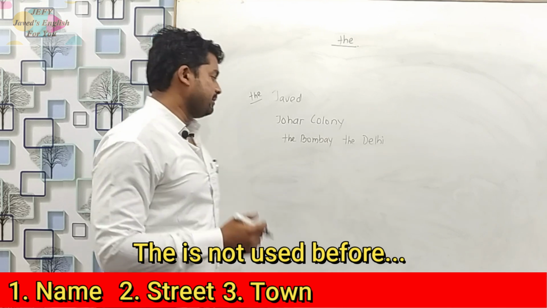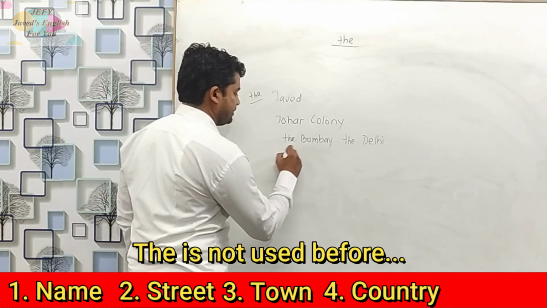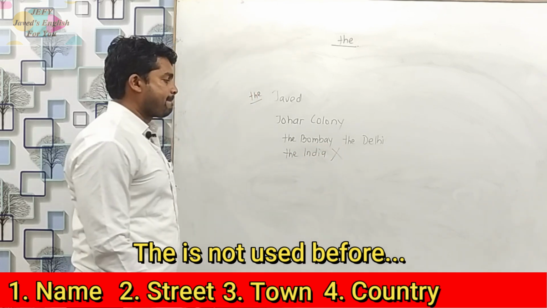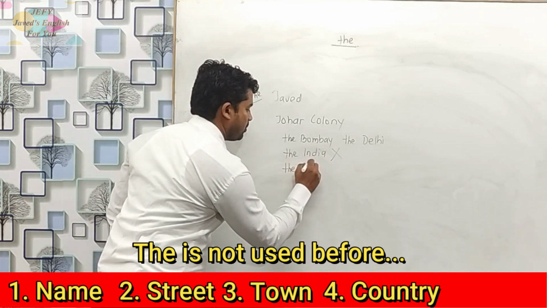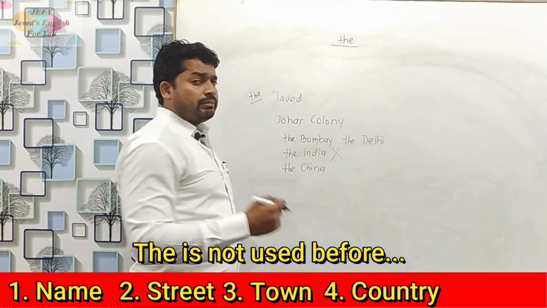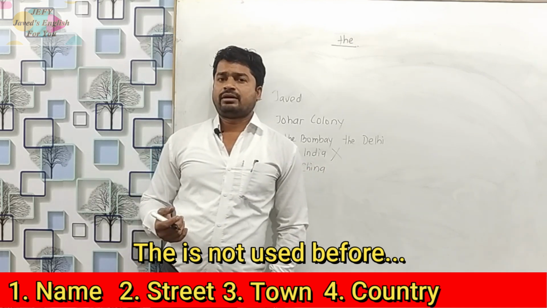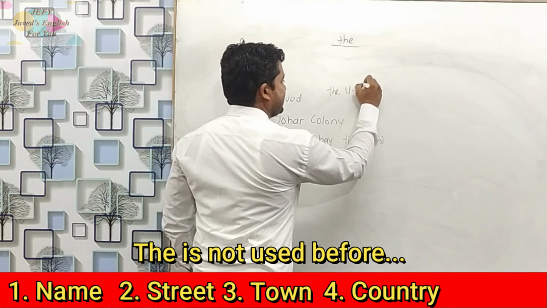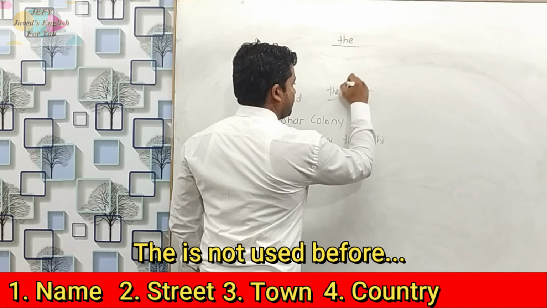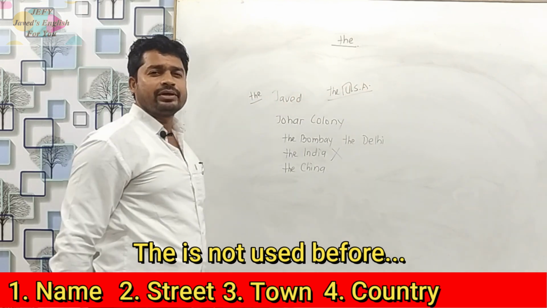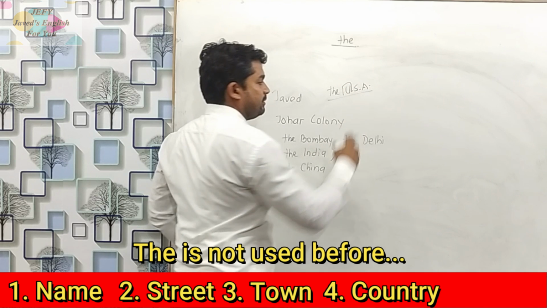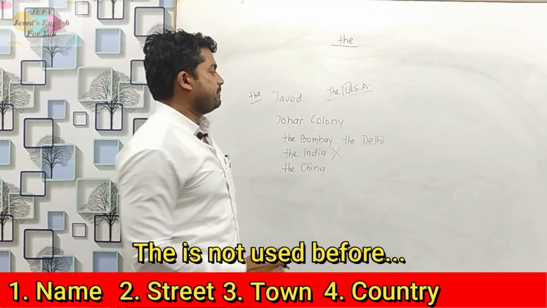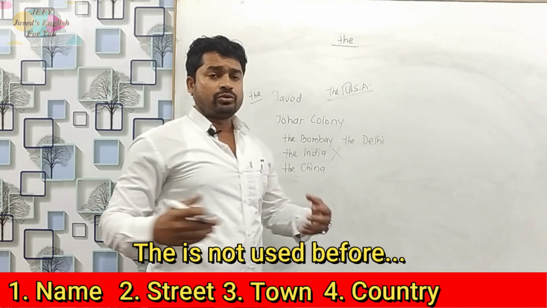In the same way, before the name of countries, we cannot put articles. The India would be wrong, totally wrong. The China, that would also be wrong. But in the beginning of the lecture, as I had said, we can say the USA because it's a group, the United States of America. Okay, united, combined. So in this case, we can put the because it's a group.